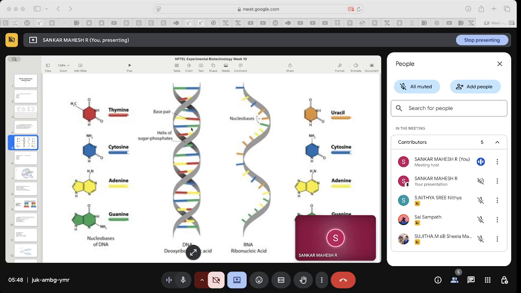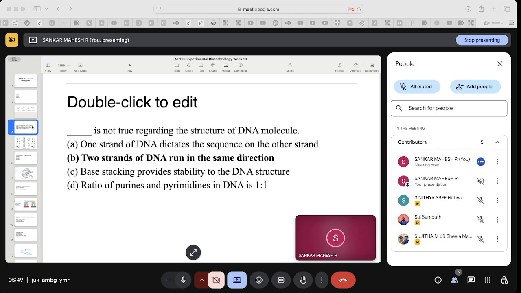Similarly, you will have one below and one above them. If you see the nature of these rings, they have delocalized electrons within them, which allows them to interact in a pi-pi manner and gives more stability. This is base stacking. This interaction gives additional energy that ensures the DNA structure is more stable.